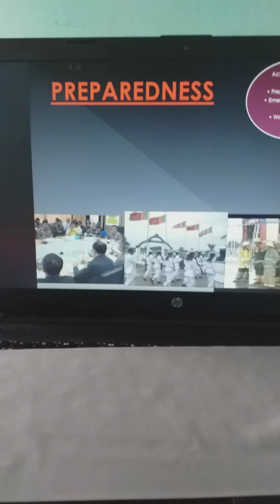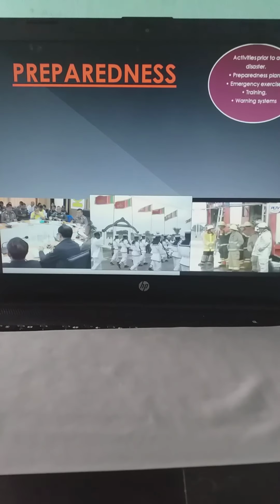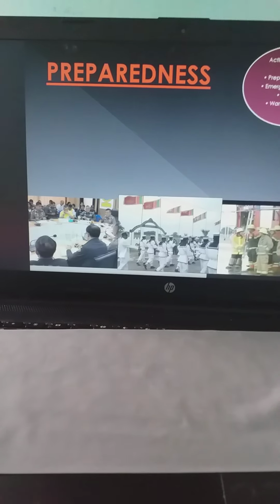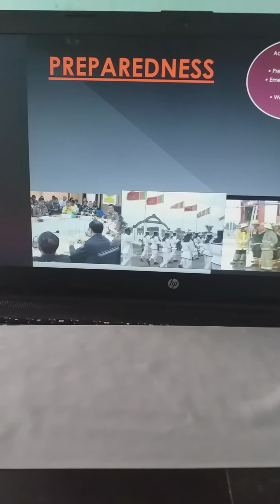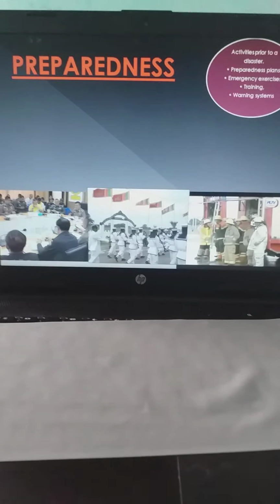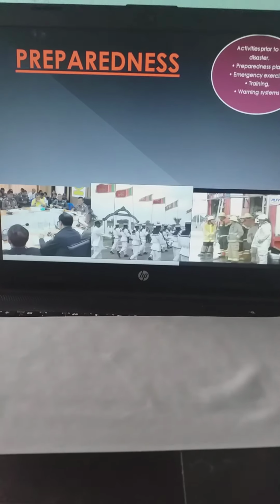So preparedness is actually before a disaster. Any nation needs to prepare well enough. You see a kind of meeting at a national level, at an international level, or state level, or community level. Different kinds of disaster rescue teams are formed.